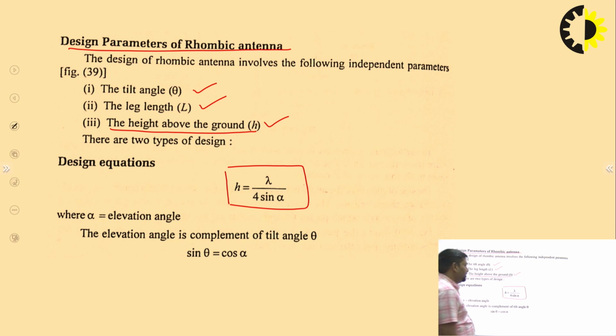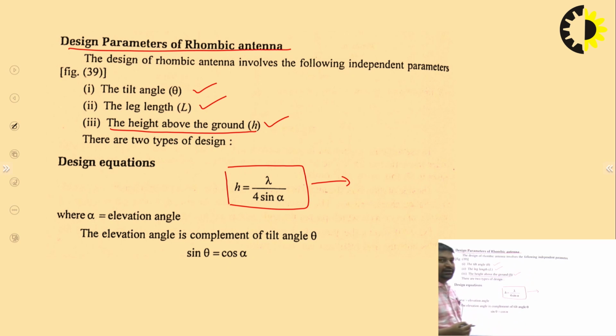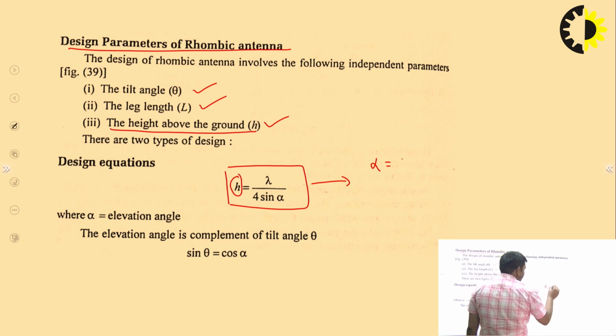We design this antenna for maximum directivity, where the height is lambda upon 4 sine alpha, where alpha is equal to 90 minus theta.